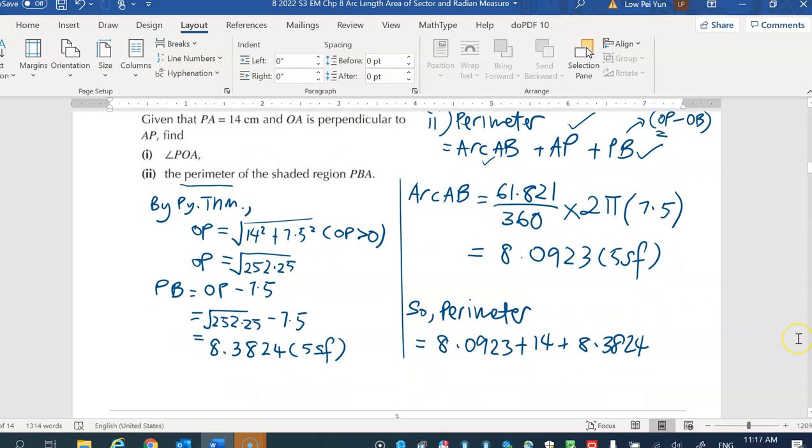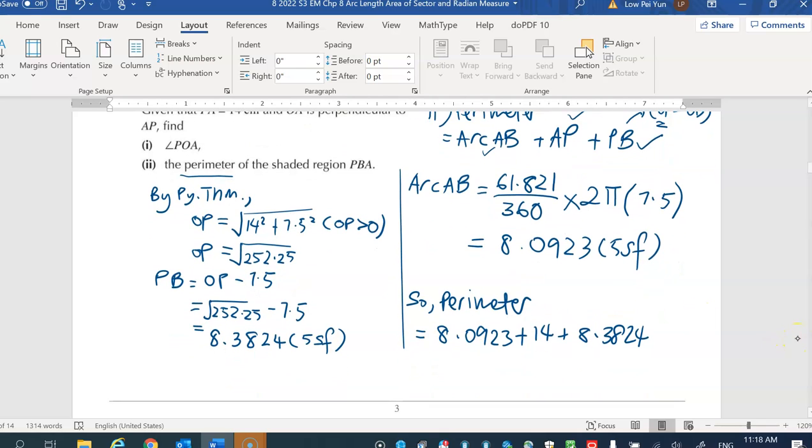Is equals to 30.4747, rounded off to 3SF is 30.5 cm. Aha. This is example 1.